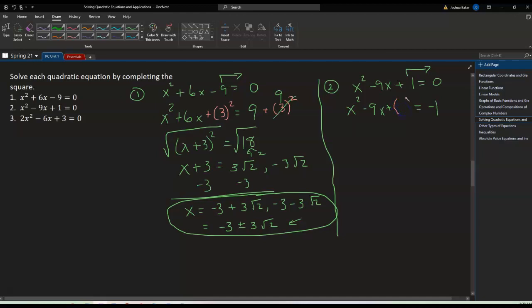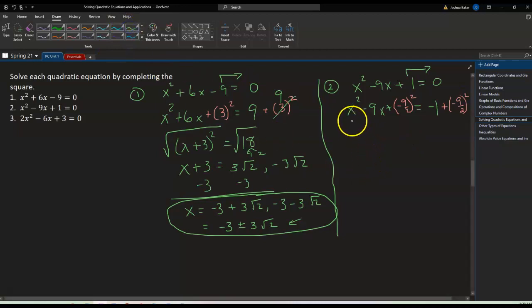The difference is when I go to add in something here, it's going to be half of negative 9, right? So I'm going to have a fraction here, which I think some of you just realized why I don't really use this method too often.